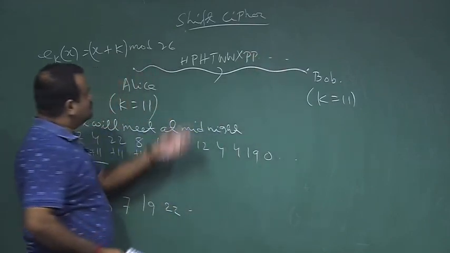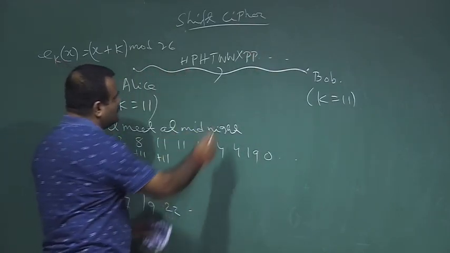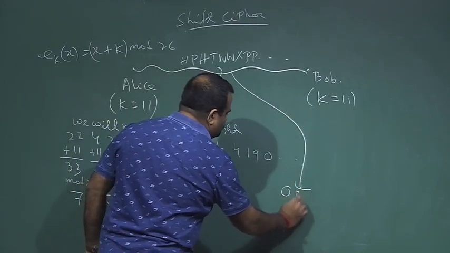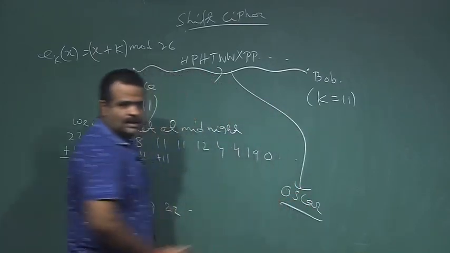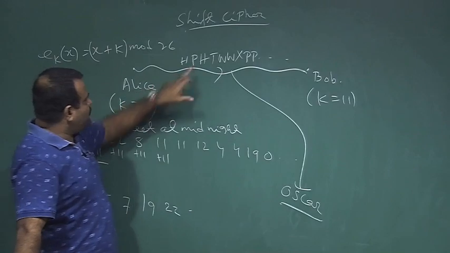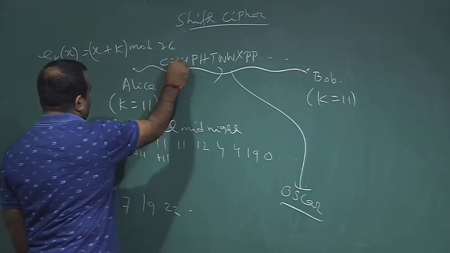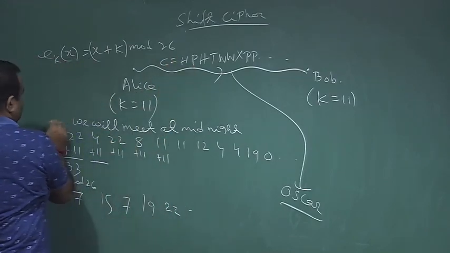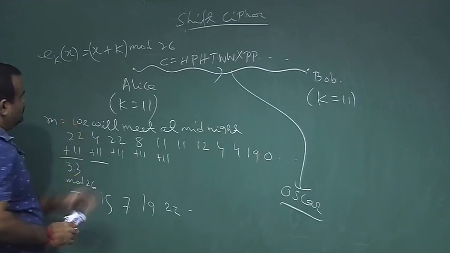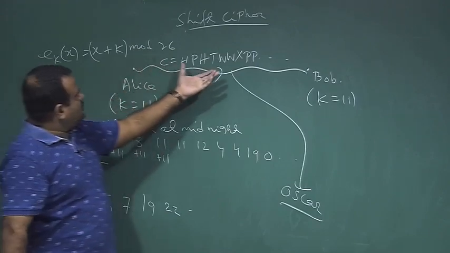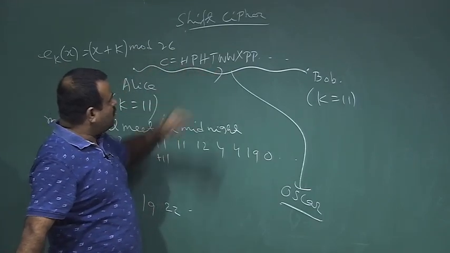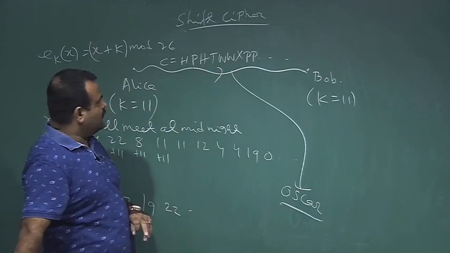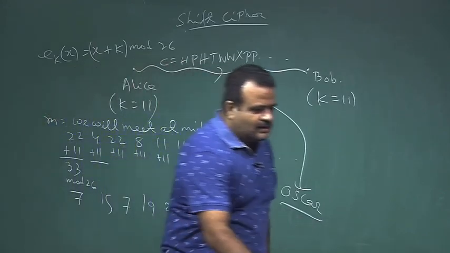Oscar has access to this, so Oscar is seeing this ciphertext. This is the plain text or the message, and this is the ciphertext. It is very difficult to guess from here what the plain text was. Okay. So, this is the shift cipher.